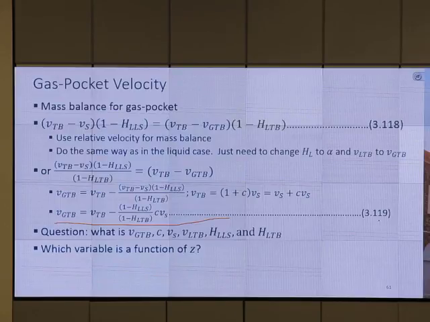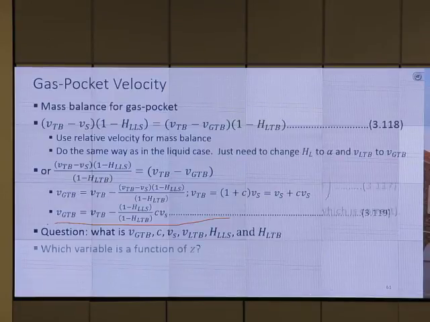So once you solve the Dukler-Hubbard ODE, you have to check whether gas balances or not, liquid balances or not. If gas balances, liquid balances, you're fine. Okay. So you can also calculate gas mass flow rate.